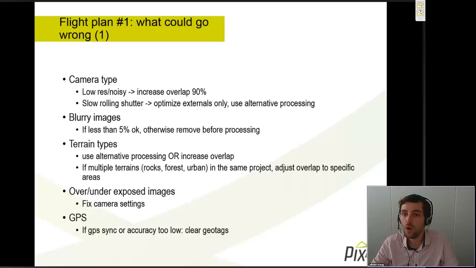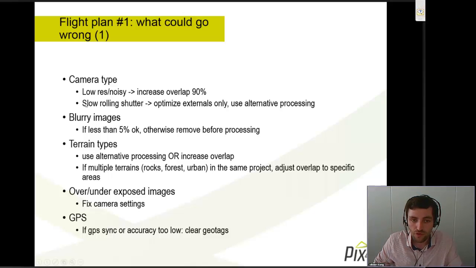Let's say you have a 1 megapixel camera. In that case, you need to increase the overlap to above 90% to have reliable results, because, as explained before, you have very few key points, meaning very few matches. So the only way to have a good number of matches is to increase the overlap.